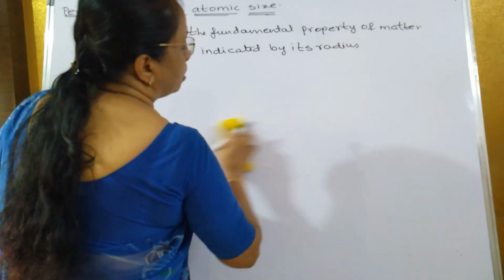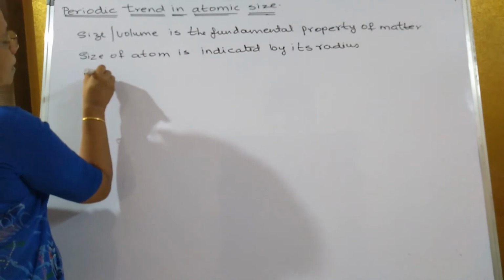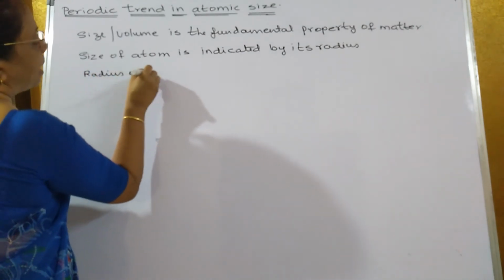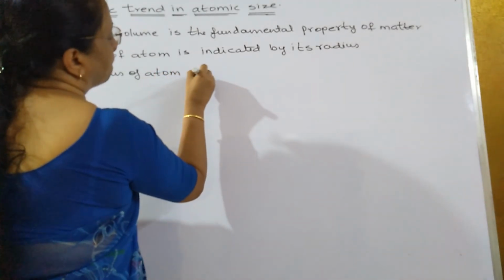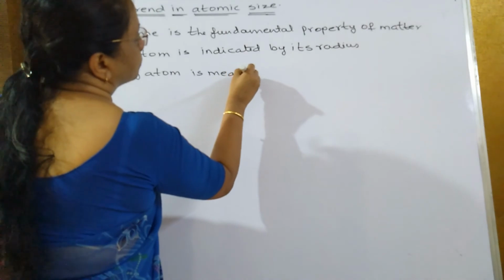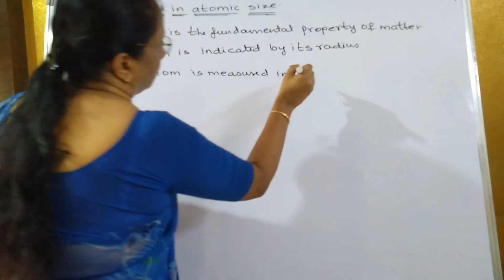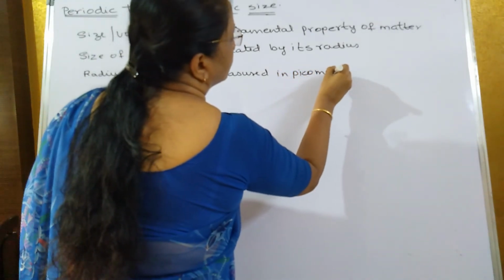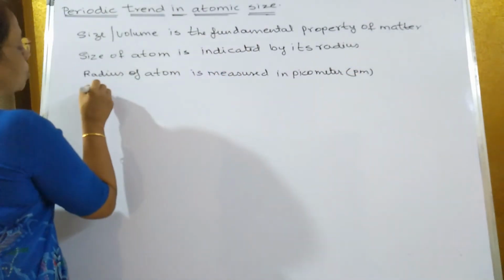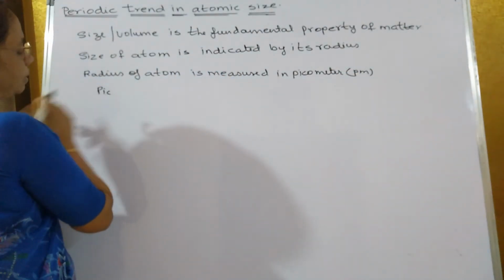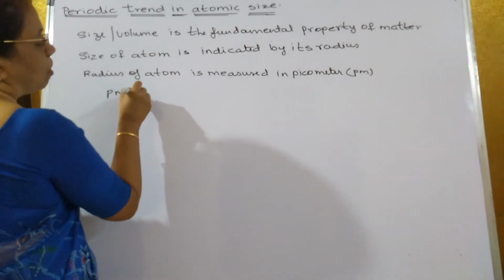So the radius of an atom is measured in picometer, which is indicated by the symbol pm. Picometer is smaller than nanometer. pm is a smaller unit.